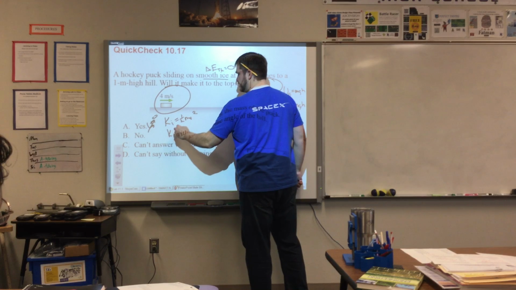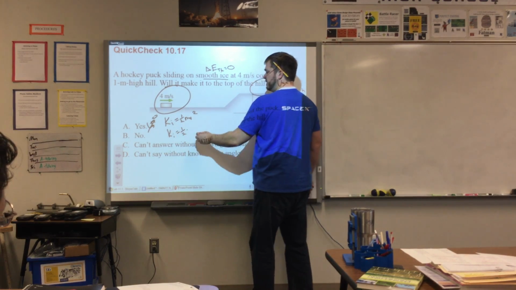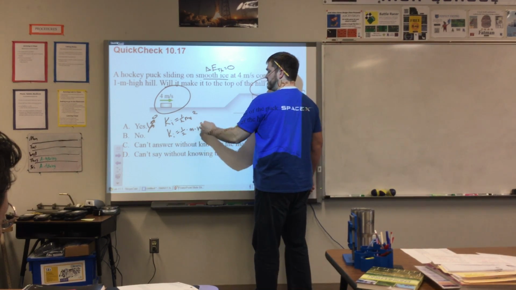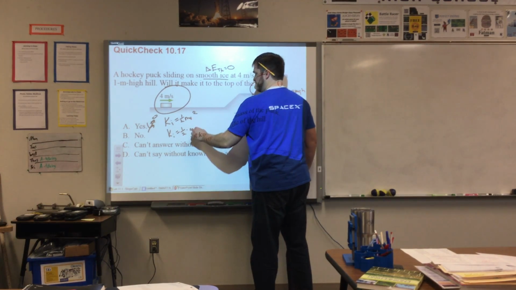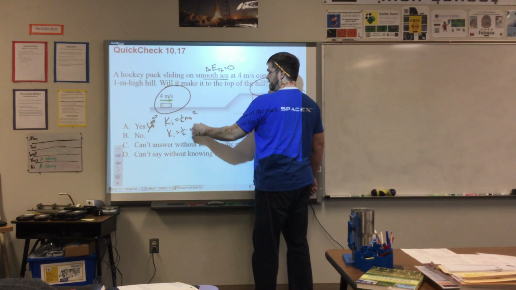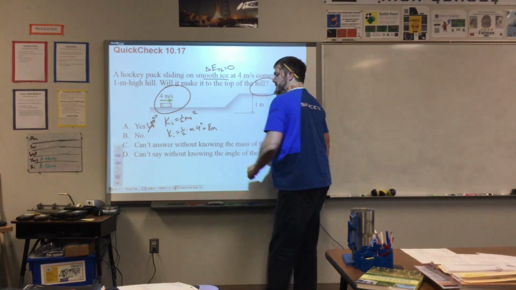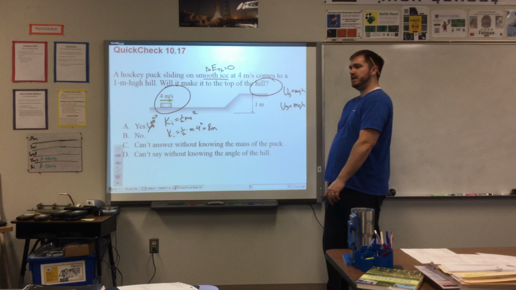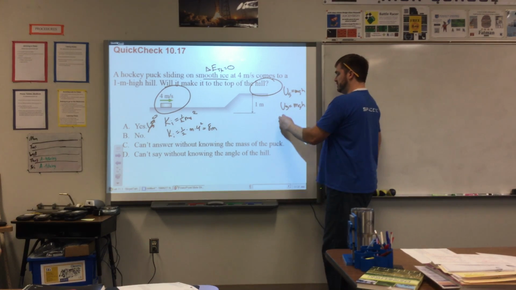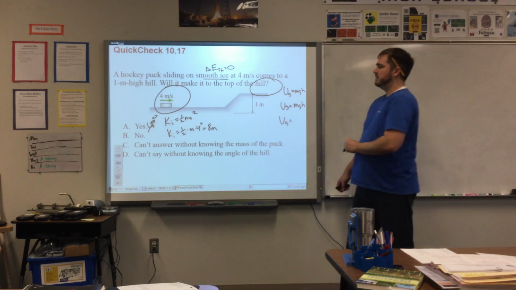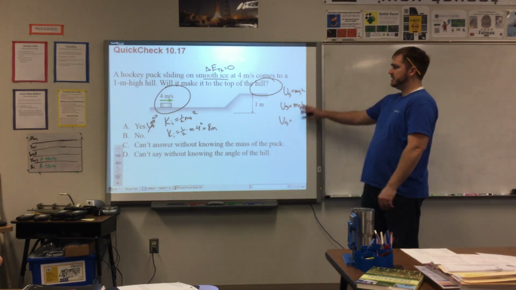The kinetic energy initial is 1/2 times the mass times the velocity squared. So the velocity is 4. So 16 times 1/2, so that's 8m. Its kinetic energy initial is 8m, 8 times whatever its mass is.